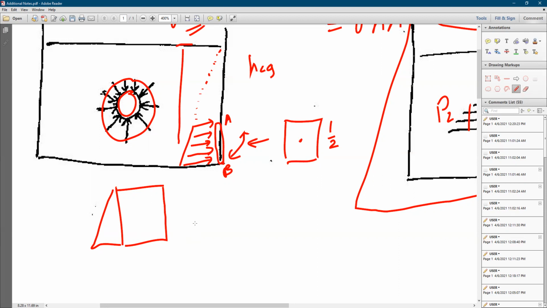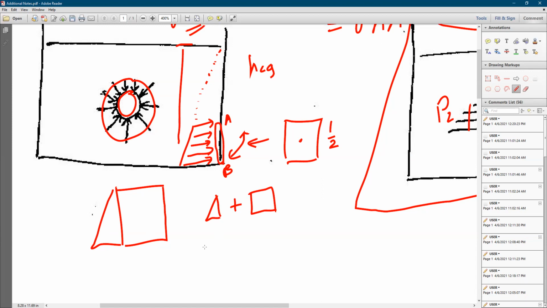The true story is actually you need to calculate the pressure or the force acting on this particular door based on this triangle plus this rectangle. So you have this plus this one.